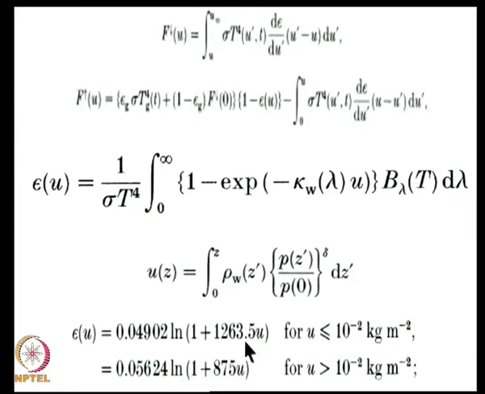Now, these equations and numerical values are obtained by fitting laboratory data to obtain these values. Now, how good are these values?